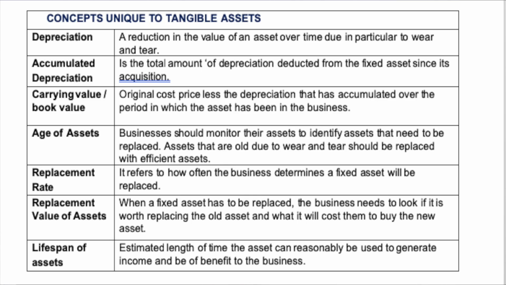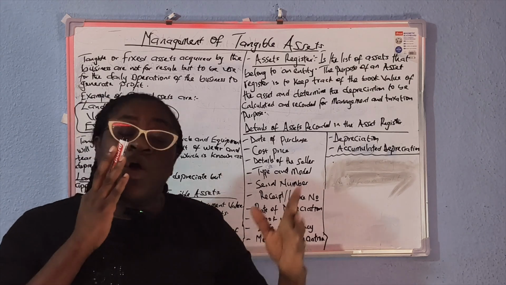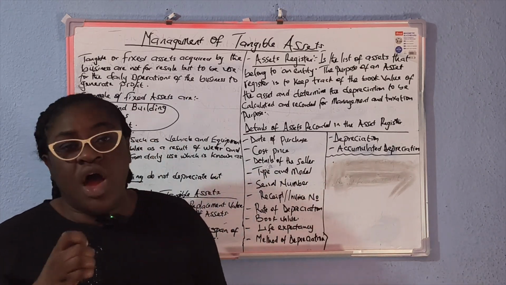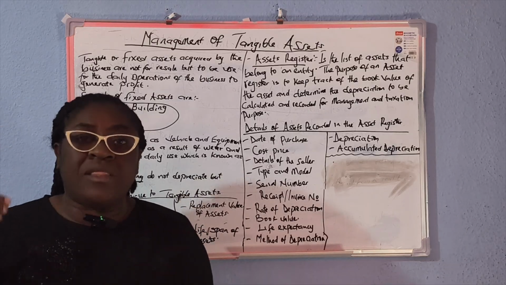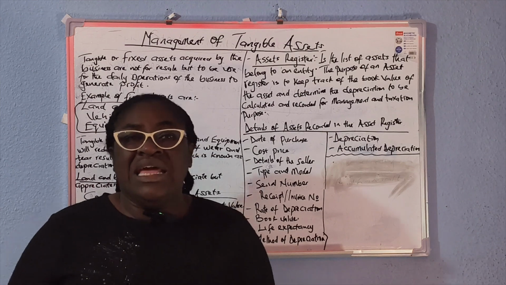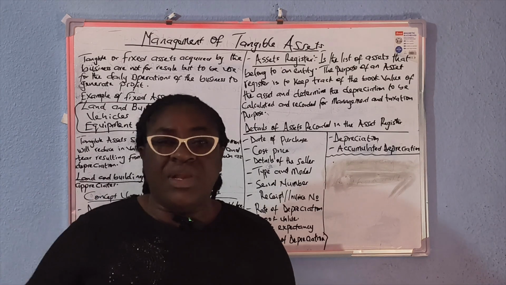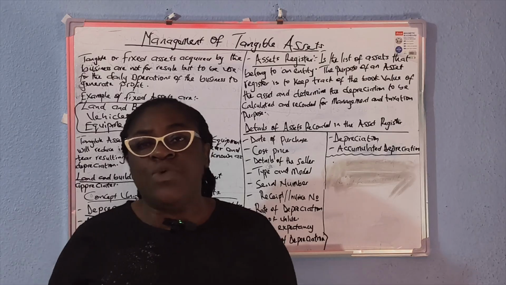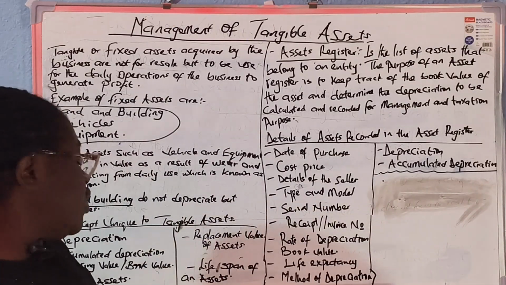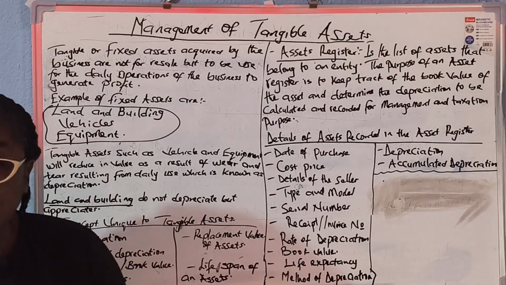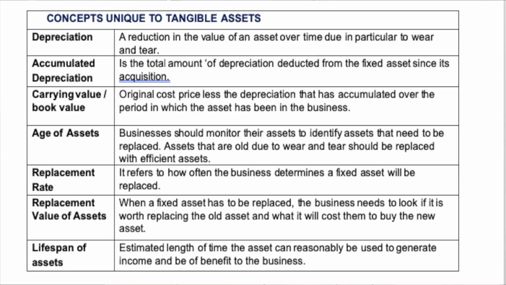So when we talk about the book value or the carrying value of the asset, we are saying the cost price of the asset minus the accumulated depreciation of that asset till the day we are probably selling off the asset, or till the day we are calculating the net book value of the asset. So when we talk of net book value, we're saying the value of the asset as at now. The present market value of an asset now is the net book value.